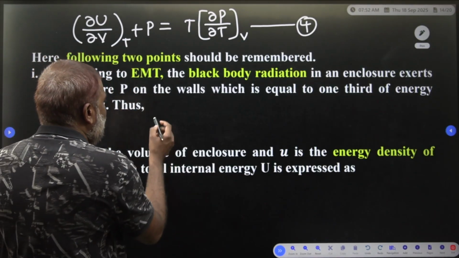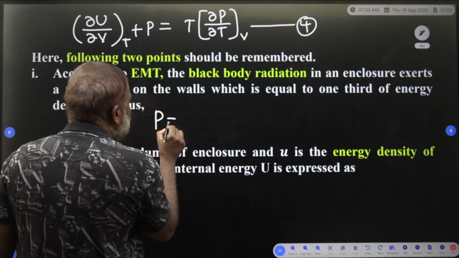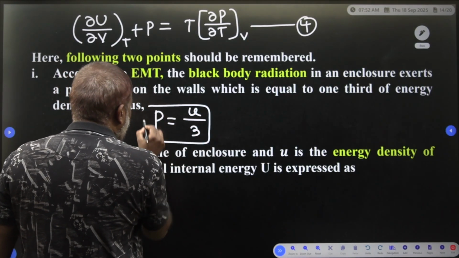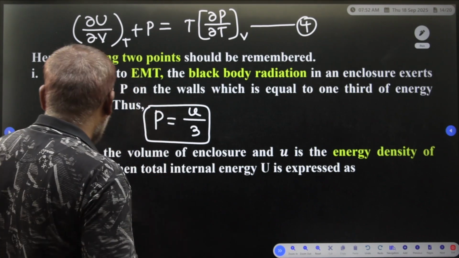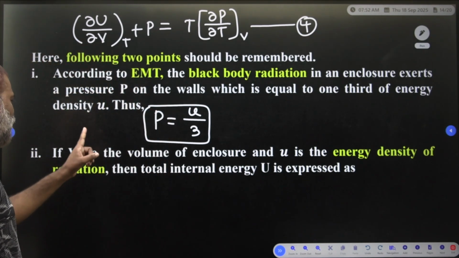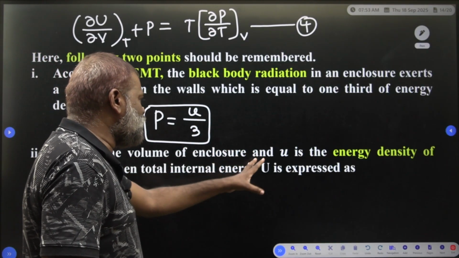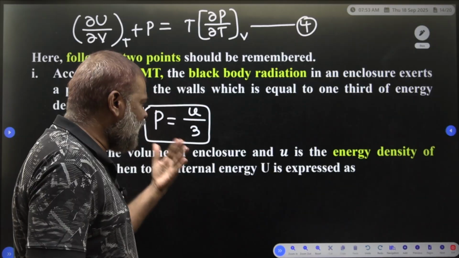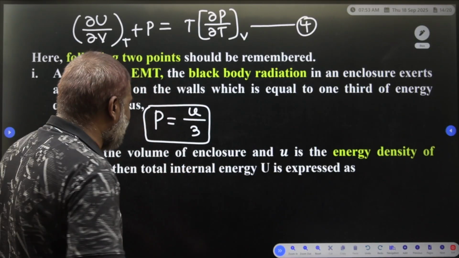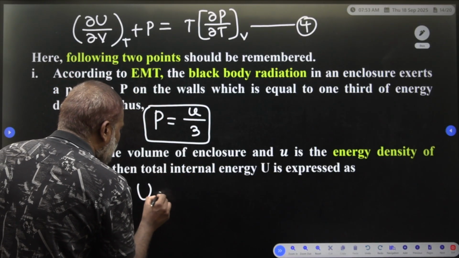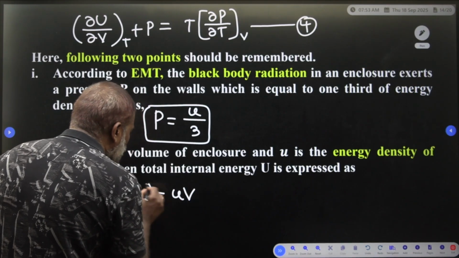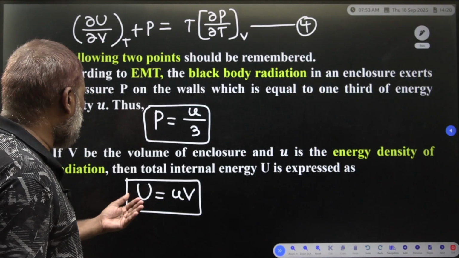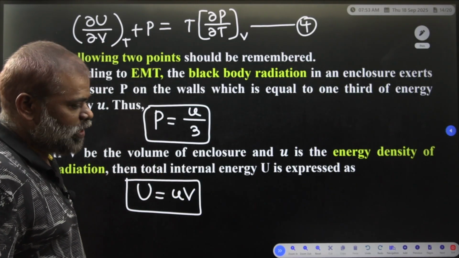The second one is, if V is the volume of the enclosure and U is the energy density of the radiation, then the total internal energy is U times V.